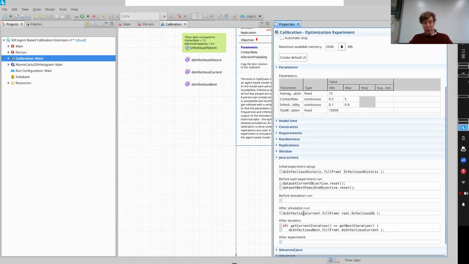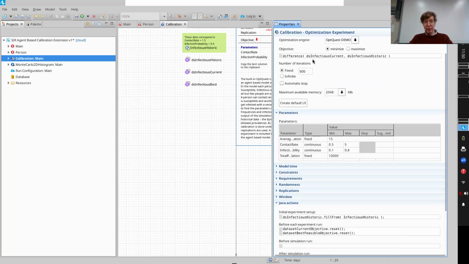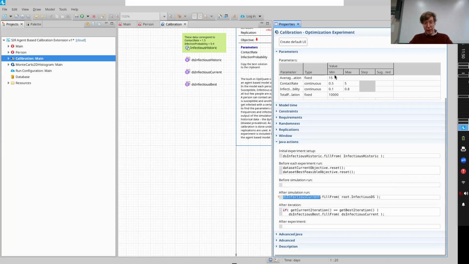We are going to take this DS infectious current after each simulation run, fill it with the values that actually were recorded in the main experiment. And by so doing, we're going to have available to us in this DS infectious current the ability to compute this difference and adjust it.